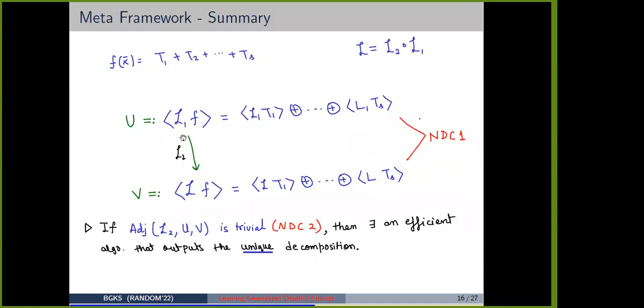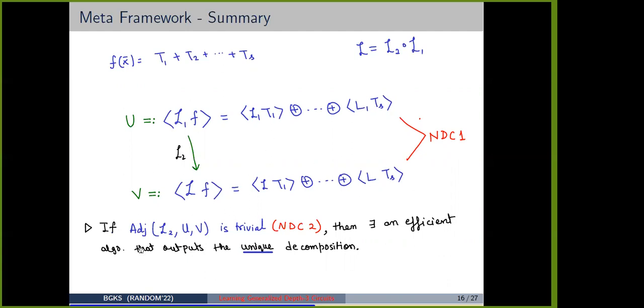All right, so let me summarize the meta framework here. You're given a polynomial f, and your aim is to write it as a sum of some simple polynomials ti's. To do that, you use some linear operators and look at the spaces U and V. U is the vector space that you get after applying L1 on f, and V is the vector space that you get by applying L to f. And by non-degeneracy condition 1, you get these direct sum structures.